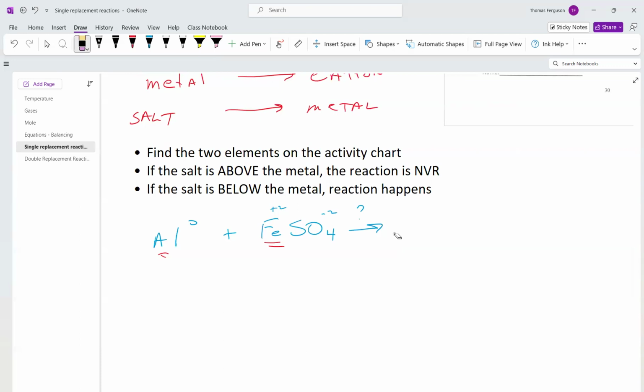Okay, well then if something does happen, then what might it be? Well, we know that the metal loses electrons, right? So let's write out the two half reactions.